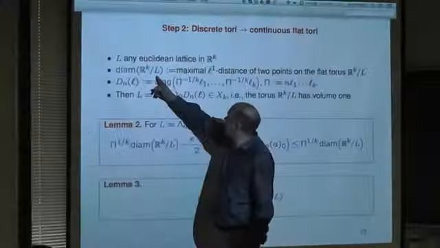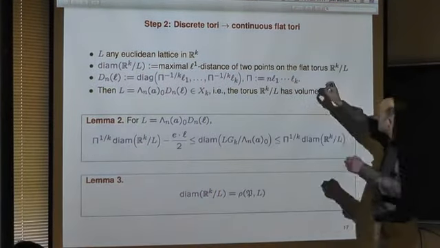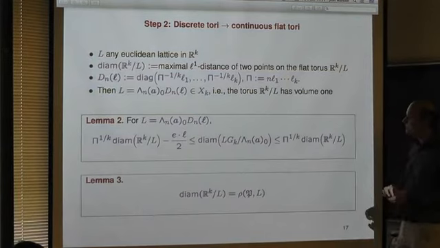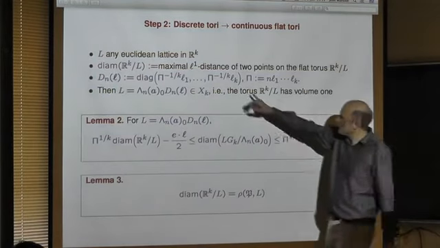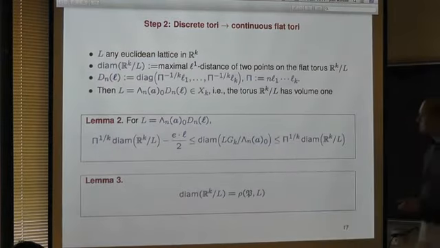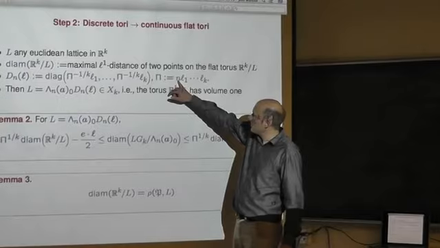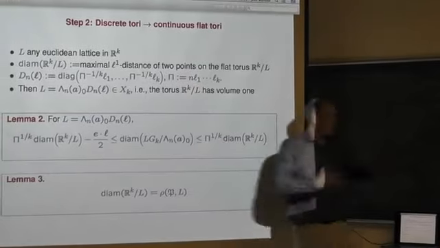So now take a Euclidean lattice in R^d and define the diameter to be the maximal L1 distance between 2 points on the square torus. This guy here is again a diagonal matrix, which, as you can see, sort of zooms in. There is the factor of n there.